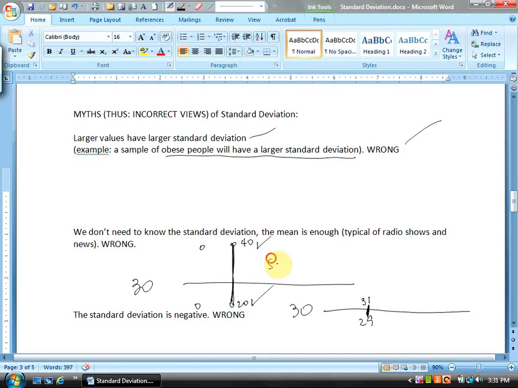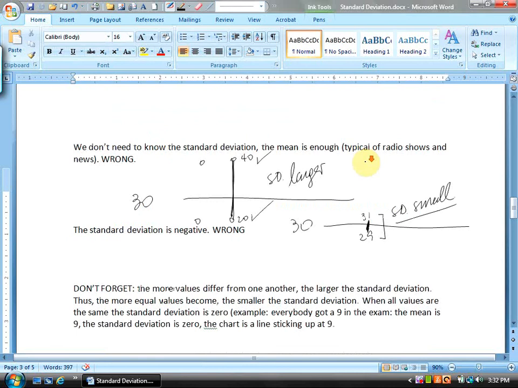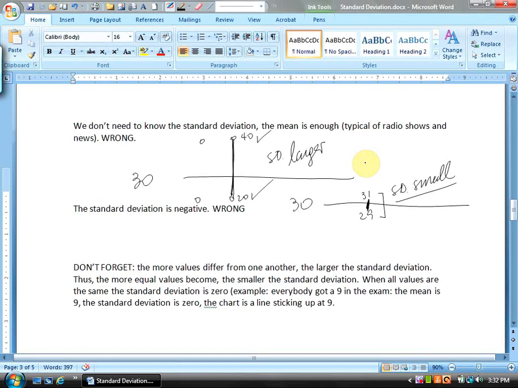So the standard deviation here is very large because of this large bouncing. In the second case, the standard deviation is very small. Even though the mean is still 30, standard deviation is small. So you need to be aware that it is incorrect to think that the mean can help you, and it can't. You need the standard deviation.